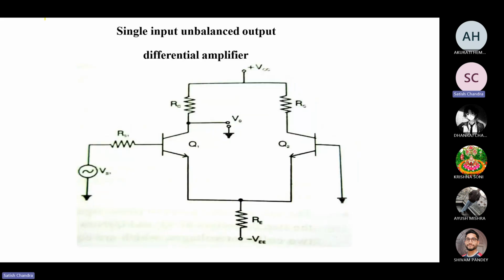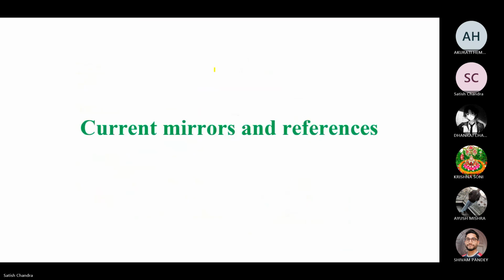Similarly, for the single input unbalanced output differential amplifier, at one of the inputs we have given the input value, the other is grounded, and we are taking the output from one side only. That time it is called a single input unbalanced output. Okay, that is all about the differential amplifier.